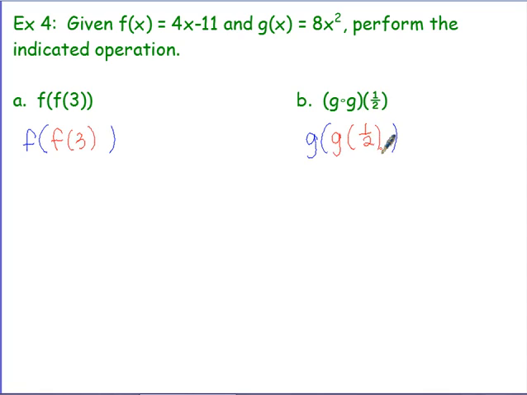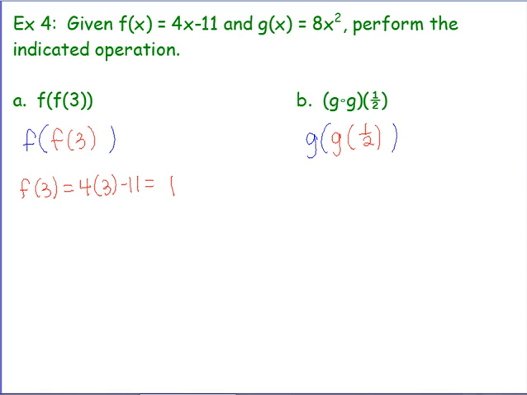So starting with our inside red part, F of 3, we're going to put 3 in the F equation. So 3 goes right there, 4 times 3 minus 11. And you should have gotten an answer of 1.